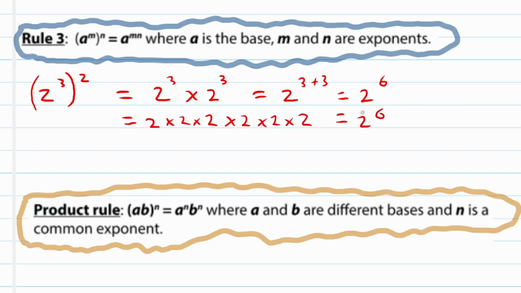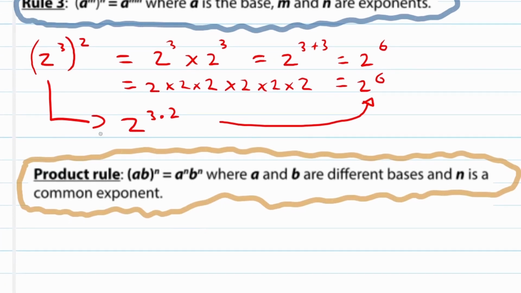As you can see, there are 6 2's. 2 is being multiplied with itself 6 times. Now, if we apply our rule, we will say 2 to the power of 3 times 2. What is 2 times 3? Well, you've guessed it and calculated. It is equal to 6.